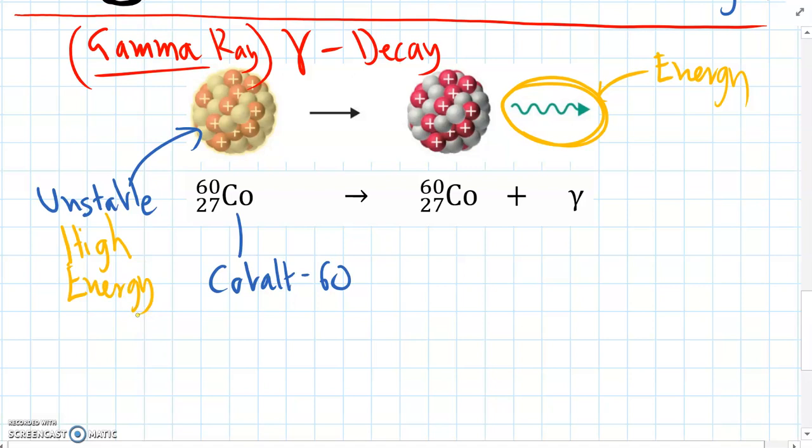Just like when you've got a lot of energy and you're jumping around and bouncing off the walls, a nucleus that's got a lot of energy, it's vibrating and moving a lot, and it needs to get rid of that energy somehow. And the way it does that is by giving off a gamma ray.